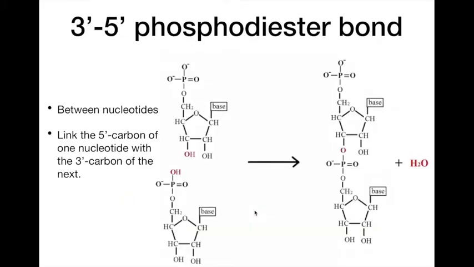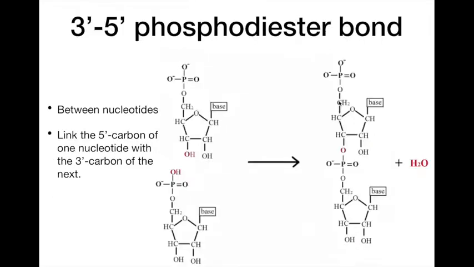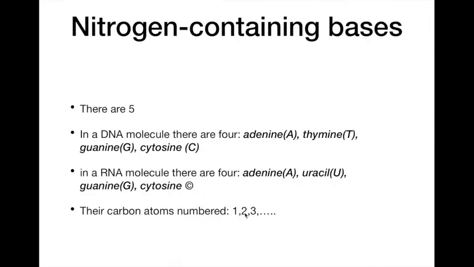For example, the C4 is attached here to the sugar, which means the carbon atom number 4. That would be 1, 2, 3, the 4th here. I don't know where the numbering starts, but I want you to know that we number the carbon atoms 1, 2, 3, 4, etc.